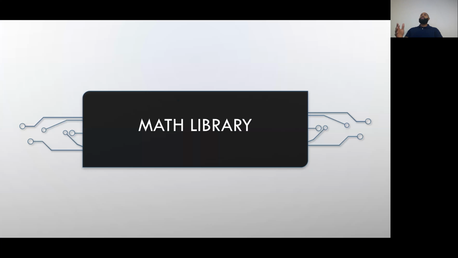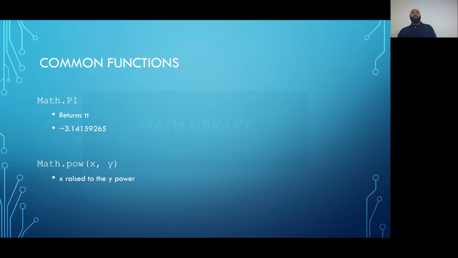So before we do that, we're going to look at the math library just so we can cover this and make sure you have a strong understanding of what it is and how to use it. There are several functions available to you. We've used math.pi. Remember, we calculated the circumference of a circle. There's also math.pow. So basically, it's an exponent, x to the power of y, right?